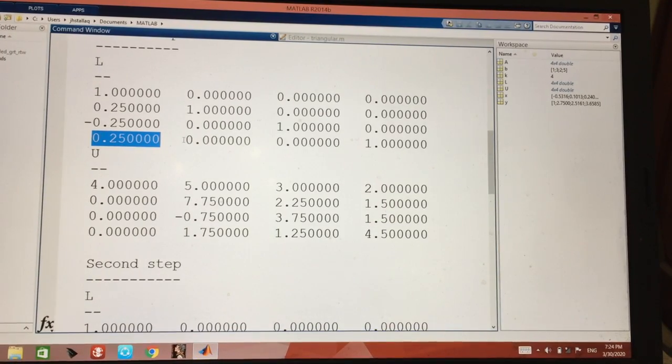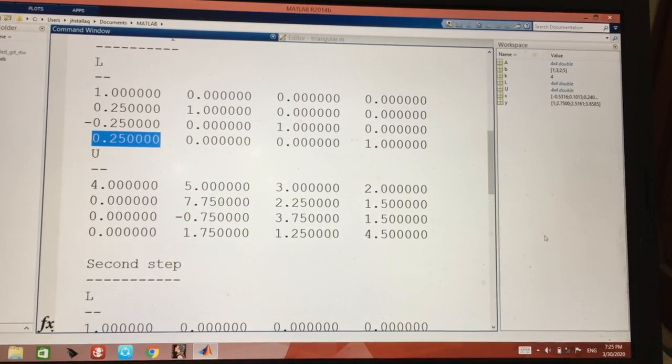Now, to do the first step, we want to modify U. Originally, we go back to it, 4, 5, 3, 2. Now we come to the second row, what we have here, 1, 9, 3, 2.